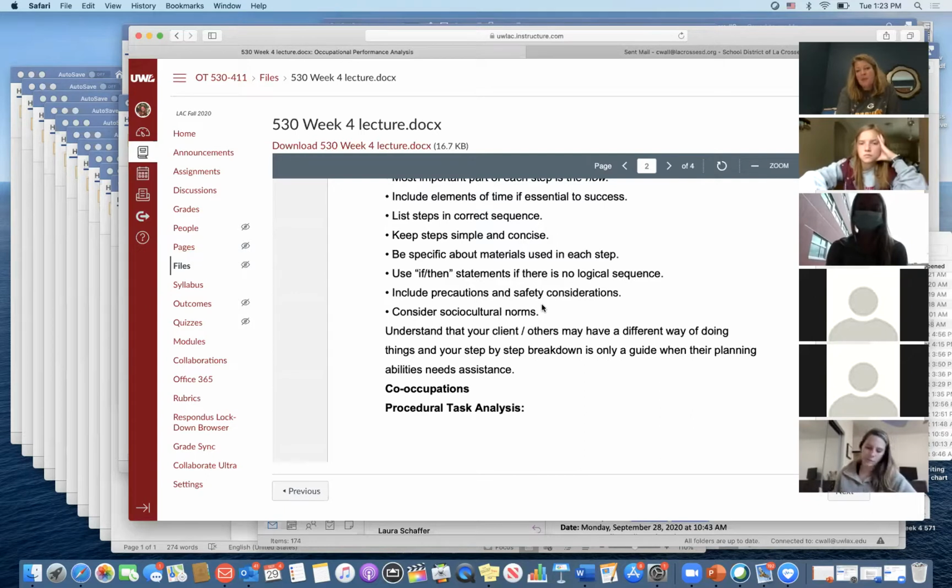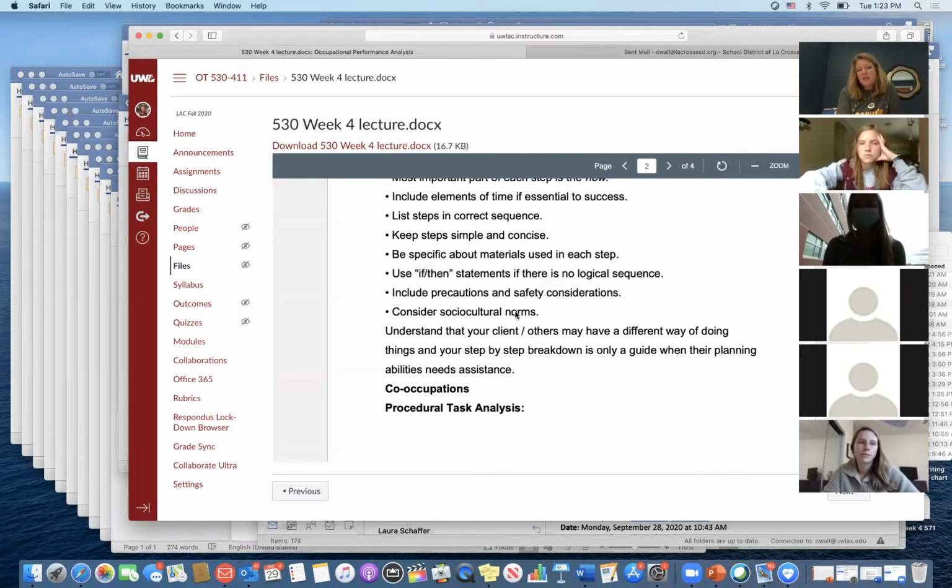Everything is going to be new for them, and they're not going to be super clear thinking. It might seem like a lot of things to list out, but when someone is in that rehab stage or even acute care stage and trying to get back to being independent, more information is often better because a lot of things are just so different for them.